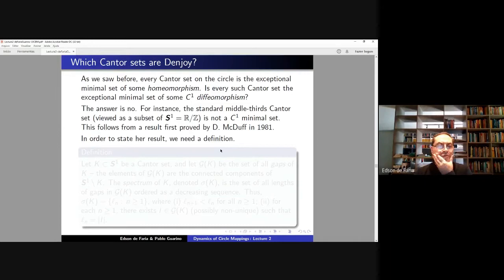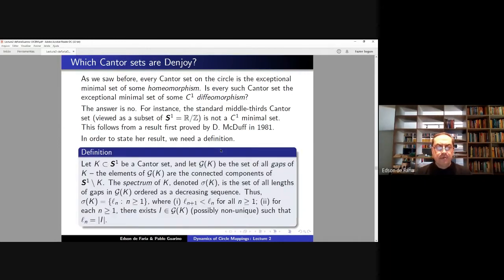And to state her result, I need a definition. If you have a Cantor set on the circle, you can look at the complement of this Cantor set. So you have all the gaps, the connected components of the complement. And you can define something called the spectrum of this Cantor set, which is the set of all lengths that appear in the gaps. You look at all gaps, and you look at all possible lengths.